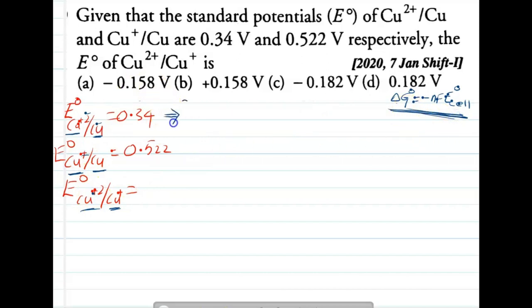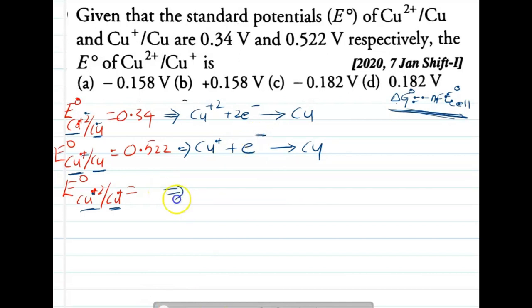For that, first you need to write the equations involved. Cu+2 is converted to Cu, so Cu+2 needs to accept 2 electrons. In the second, Cu+ is converted to Cu, so it has to gain 1 electron.